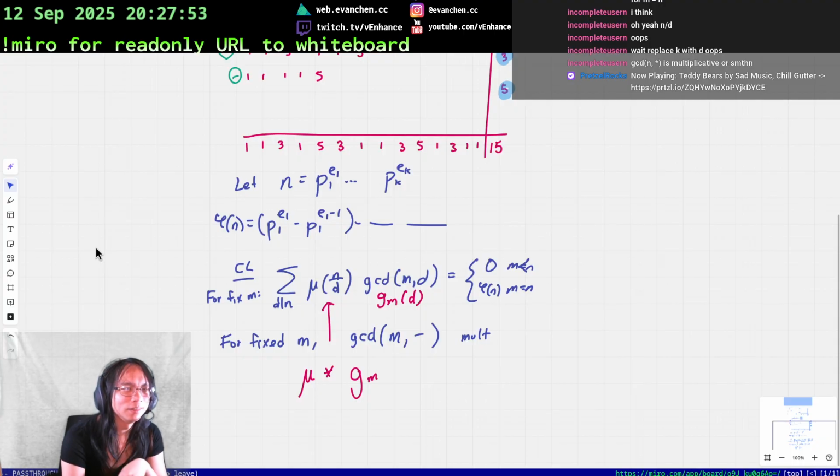Hang on. Are you sure this is right? Because the right-hand side is not a multiplicative function, right? I mean, it's literally... Did I get the claim right?